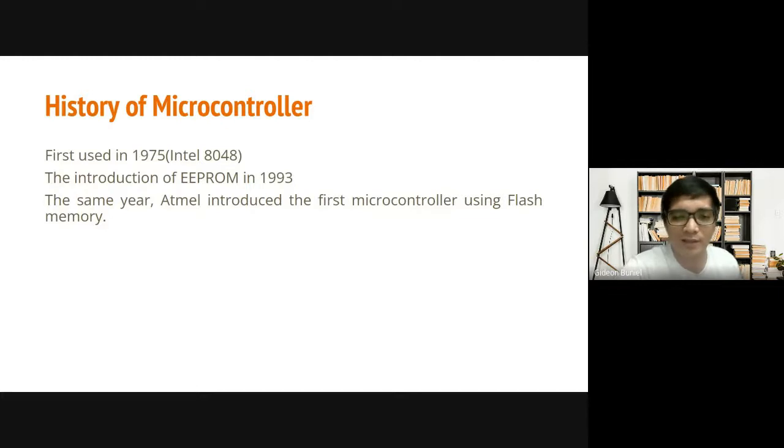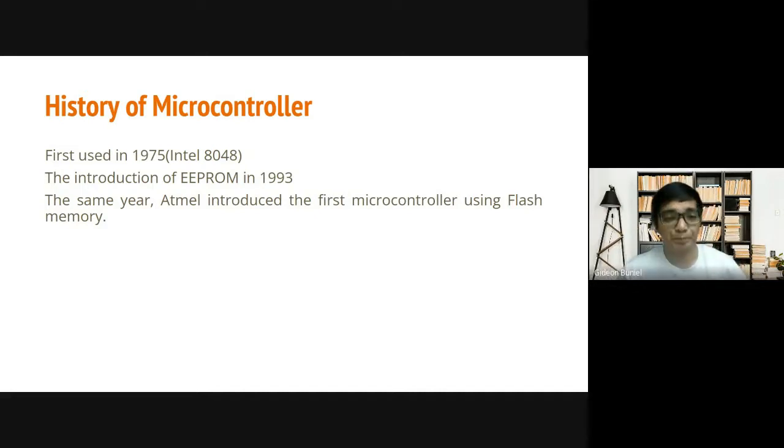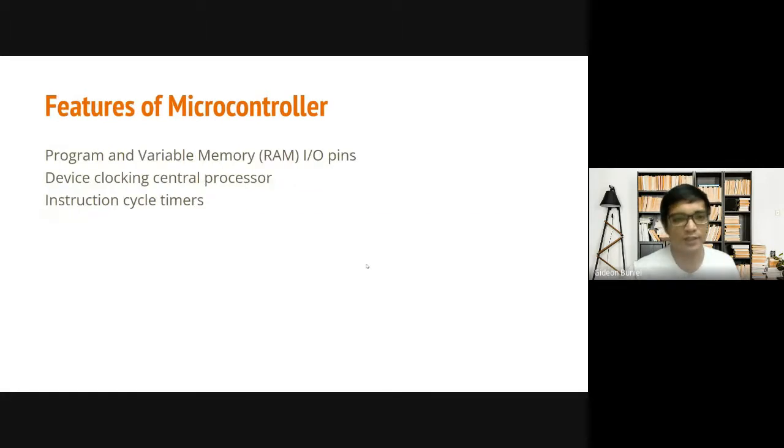So we know what read-only memory is, but the electrically erasable programmable read-only memory, that's why we have microcontrollers that we can program and we can actually delete the program once we overwrite it with the new program. The same year, Atmel introduced the first microcontroller using flash memory. Atmel is one of the most famous in the electronics industry.